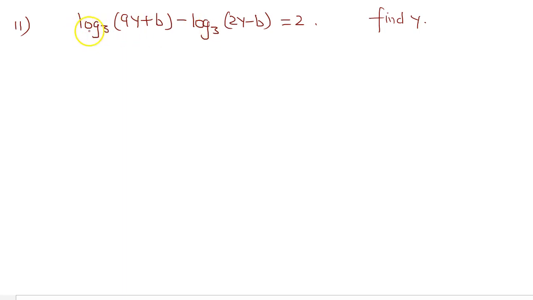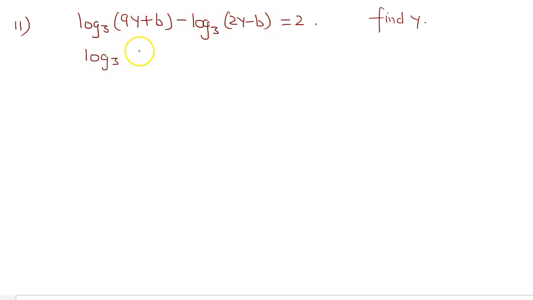Now the second part is log base 3 of (9y + b) minus log base 3 of (2y - b) is equal to 2. You have to find y in terms of b in the simplest form, given that b is a positive constant. So log a minus log b is equal to log a over b.